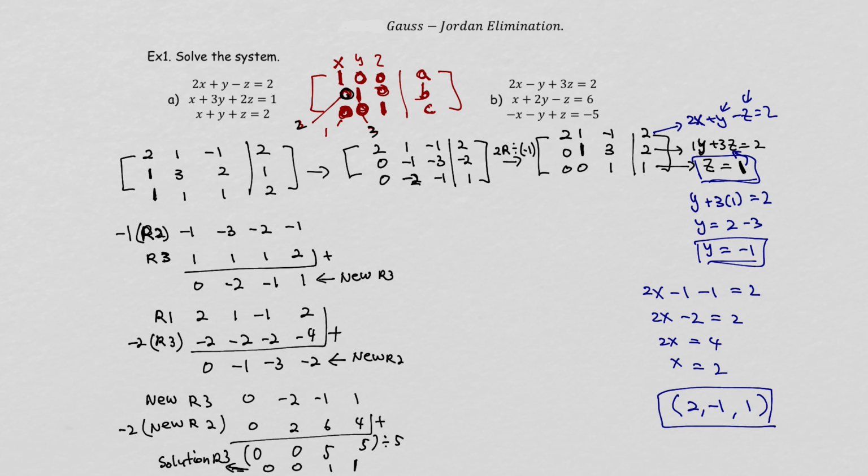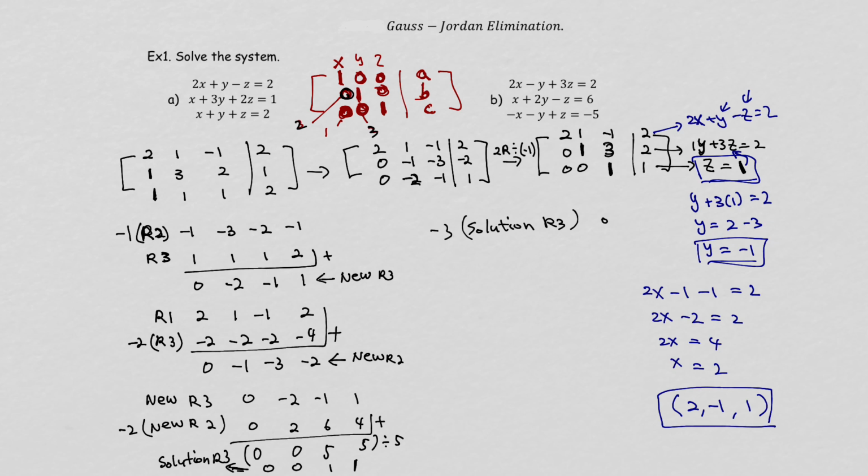Or you can continue using this to make this one 0, right? You can do that by multiplying row 3 by -3.